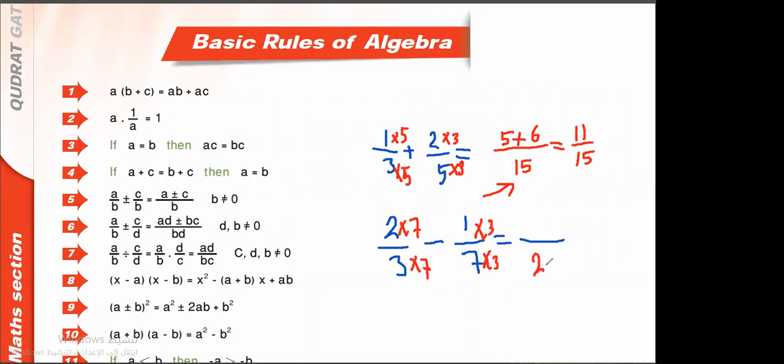So the denominator is 21 here. And 2 times 7 is 14 minus 1 times 3, it is 3. So the answer is 11 over 21, right? So when adding or subtracting, you must put the same denominator.